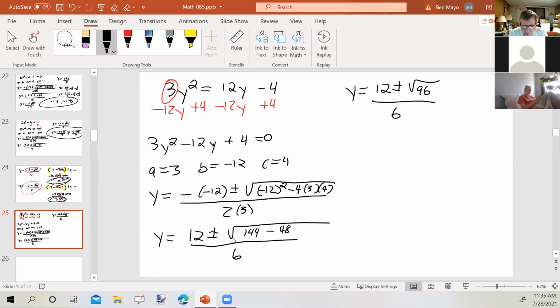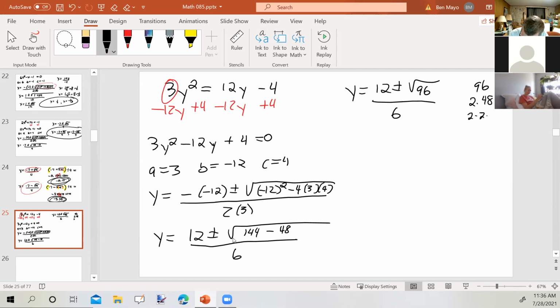Okay, now, 96 inside the radical contains a perfect square factor. So we can simplify it. So let's see, 96, what is that? That would be 2 times 48, is that right?